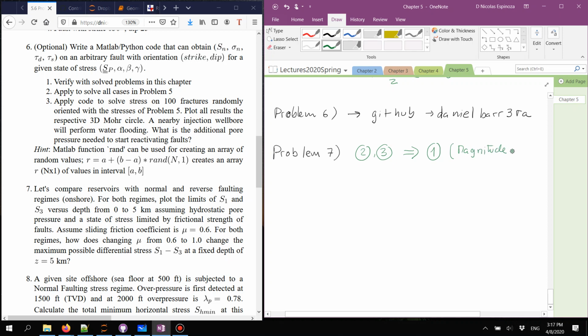I'm not asking you for the orientation, but there might be some other problems where you also need to determine the orientation of such stress. Okay, so let's see how we solve this problem.